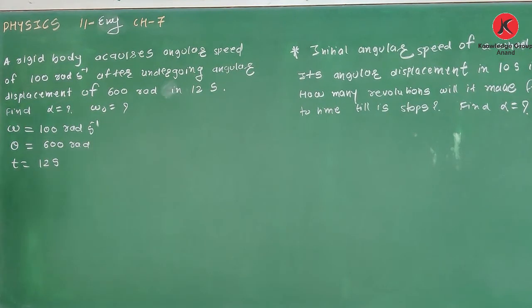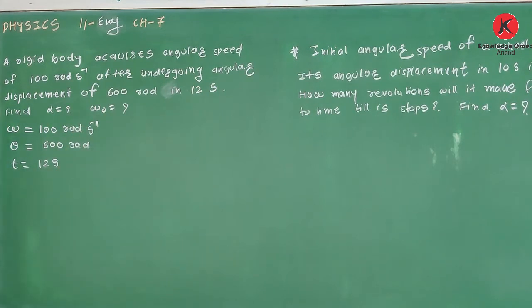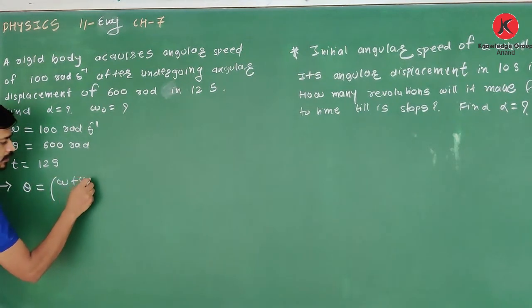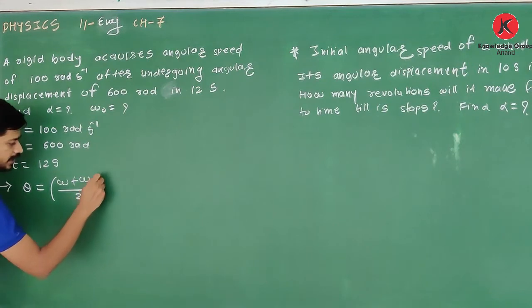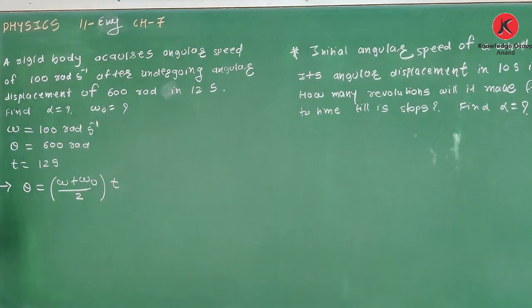Okay, how to find? You are given omega, theta, and t. You have to find alpha and omega 0. First of all, we will find omega 0. We have one equation: theta is equal to (omega plus omega 0) divided by 2 into t. Angular displacement is equal to average angular velocity into time.